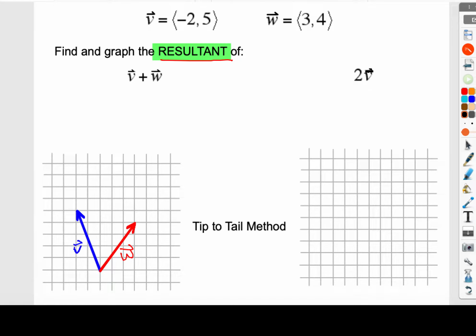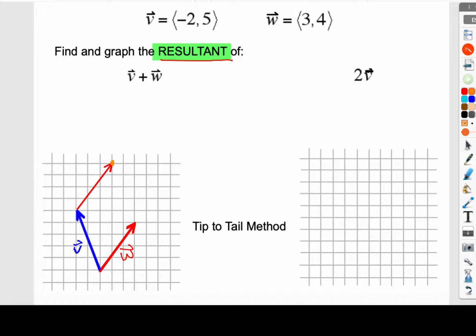Now, in order to do that, we're taking both those vectors and we're going to travel along both of them. Let's say we traveled vector v, so we traveled that blue line, then we traveled vector w. From the end of vector v, we place vector w, and notice we end up way up here at the top.